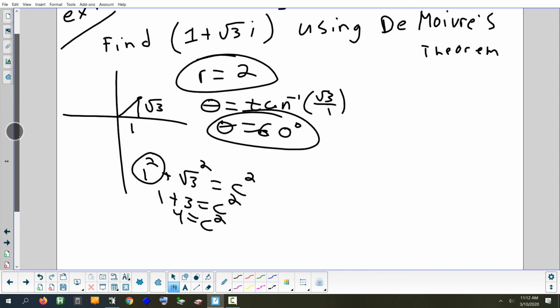Be very quick. So Sam, how would I write down the trig form of 1 plus root 3i?